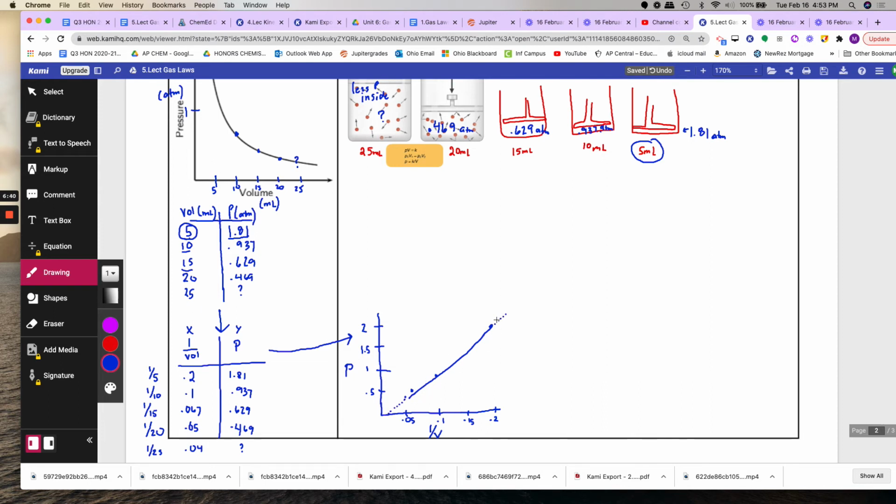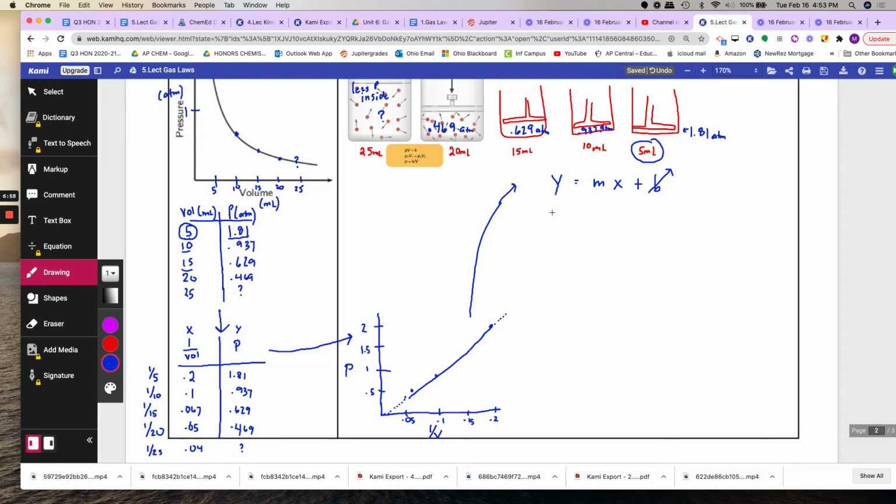The equation of this line is going to be y equals mx plus b. Again, the y-intercept is going to be 0.